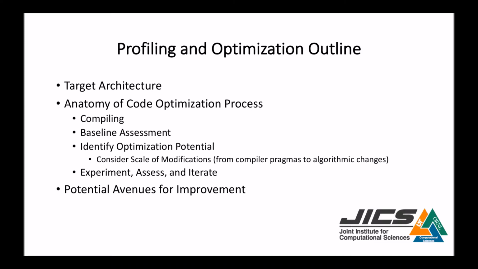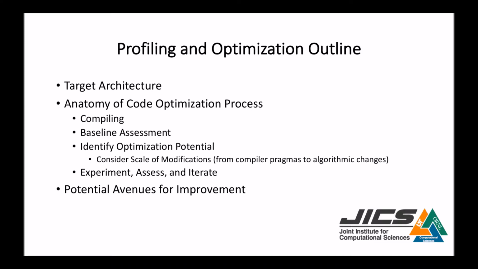So the anatomy of a code optimization process is basically, we look at, okay, well, is it compiled for the target architecture? We'll do a baseline assessment and see where we stand, and identify any optimization potentials. And this includes considering the scale of modifications that either we're allowed to do or that makes sense.